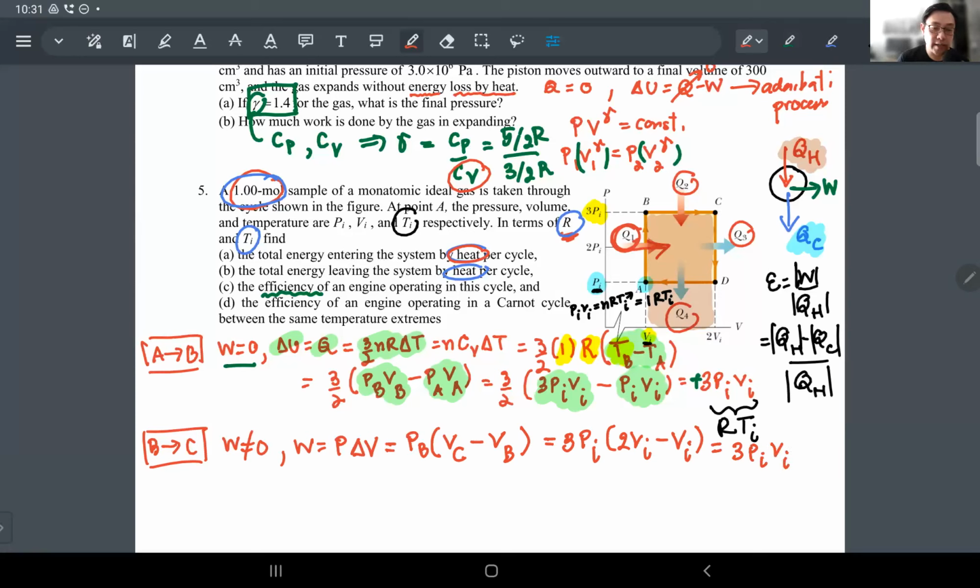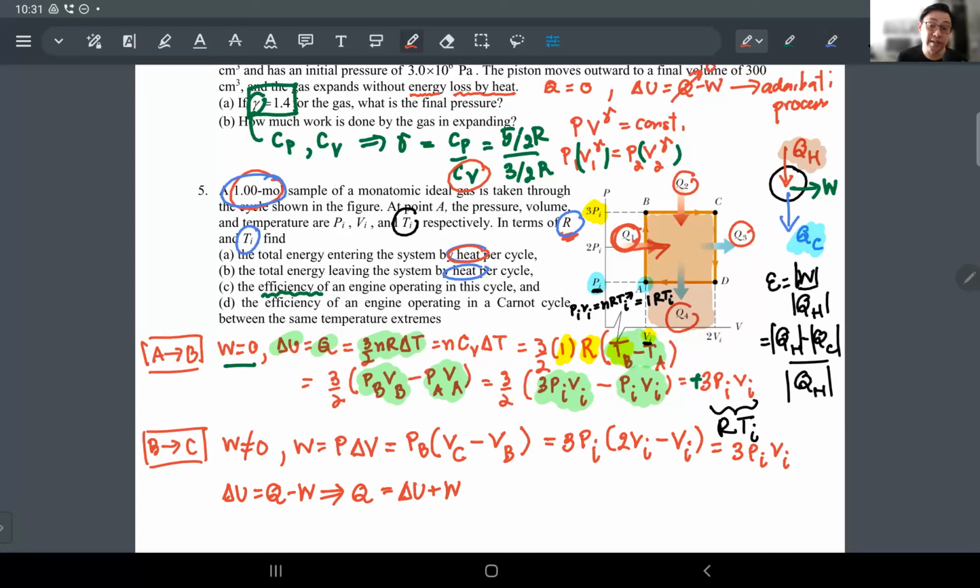Once you're done with the work calculation, come back to your first law of thermodynamics, delta U equal to Q minus W. And that means the heat is going to be delta U plus W. Does it look familiar to you?